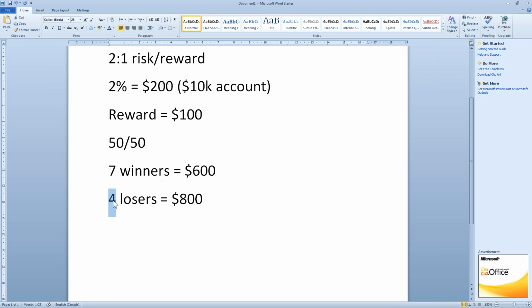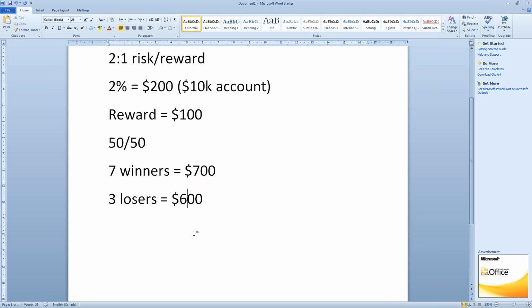So what happens if we have 7 winners? We'll have $700 in profit, and we'll have $600 in losers. Aha! We have found the tipping point. Do you see that?